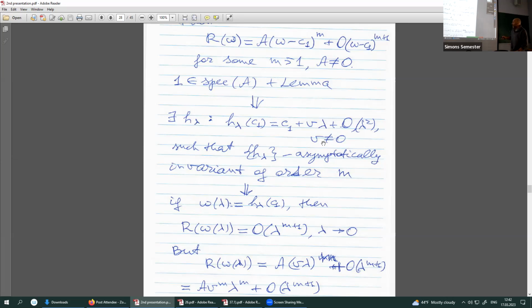But then it is easy to recognize asymptotic invariance of order M along the orbit, okay? But when you apply more and more this G capital, then it stays the same along the orbit.